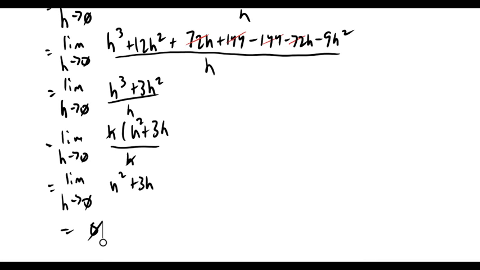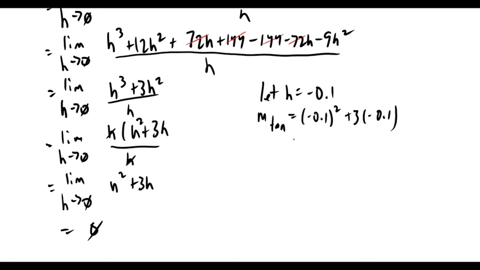Now I want to let h be something small and negative. The slope of the tangent is negative 0.1 squared plus 3 times negative 0.1. So that's going to give me negative 0.29. And then let h be 0.1.